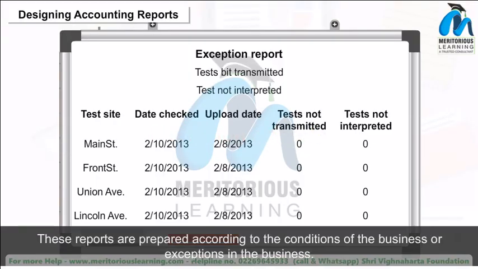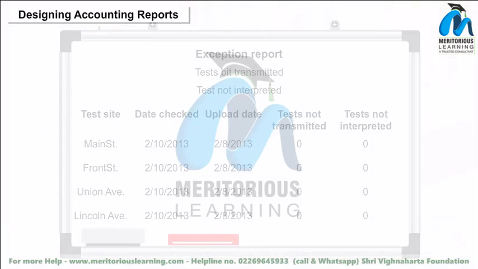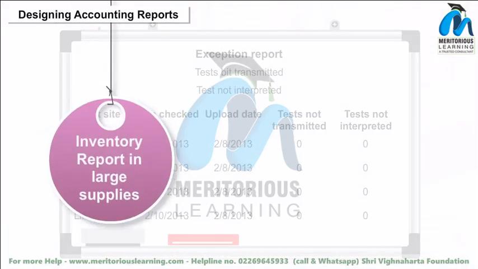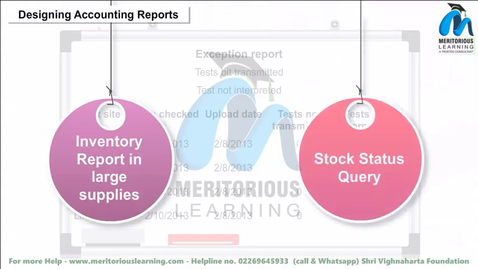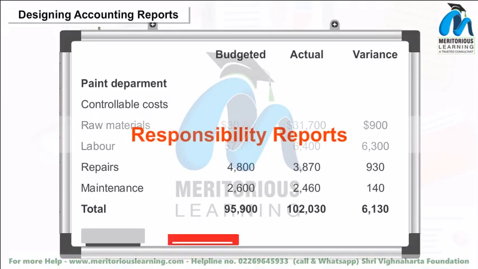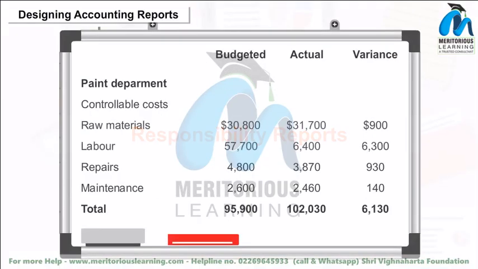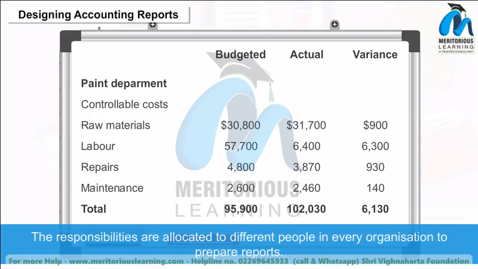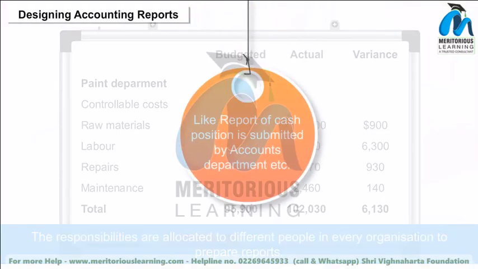These reports are prepared according to the conditions of the business or exceptions in the business, for example, inventory report of large supplies, stock status query, etc. 5. Responsibility reports. The responsibilities are allocated to different people in every organization to prepare reports, like the report of cash position is submitted by the accounts department, etc.